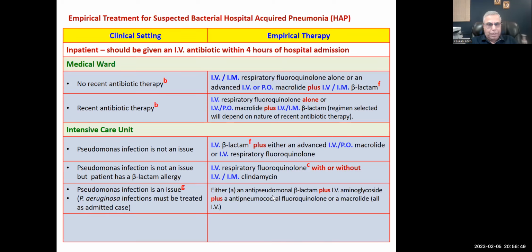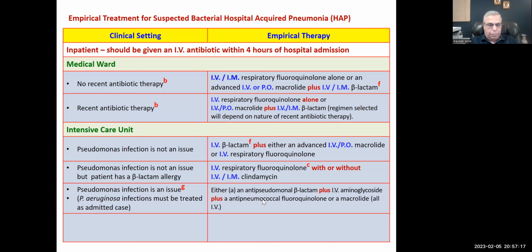So you are combining, you are giving aminoglycoside, an anti-pseudomonal drug. And you have so many others like ceftazidime, cefoperazone, you have piperacillin. They are all anti-pseudomonal drugs, okay? So you are giving a combination. Actually, you are giving two anti-pseudomonal drugs plus an anti-pneumococcal fluoroquinolone or macrolide.